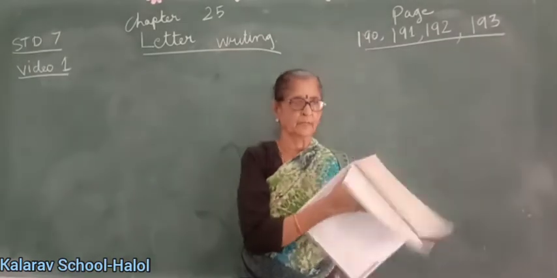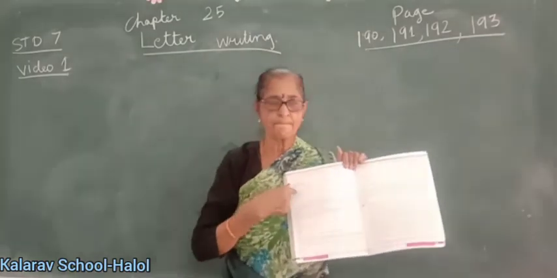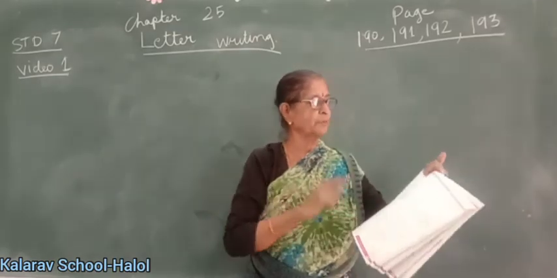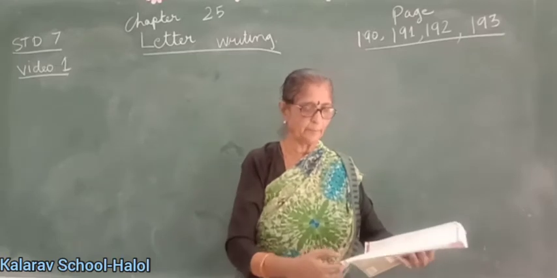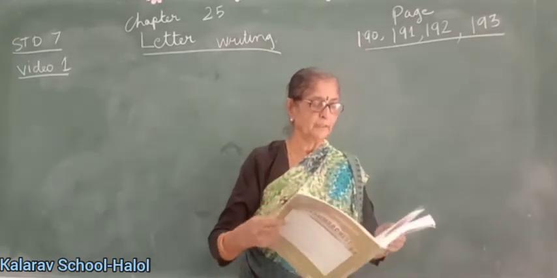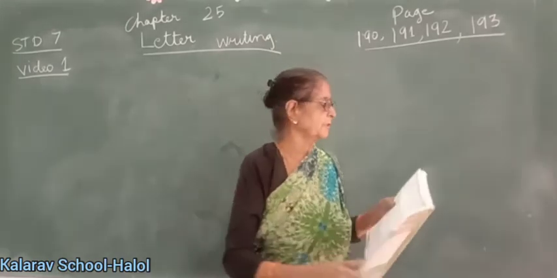See, you have to fill in yourself. Now, example 4. All examples you have to do yourselves only, children. These are examples only, till page 193. So your letter writing for formal letters is over here, in 194.